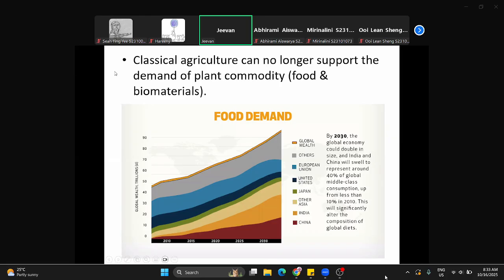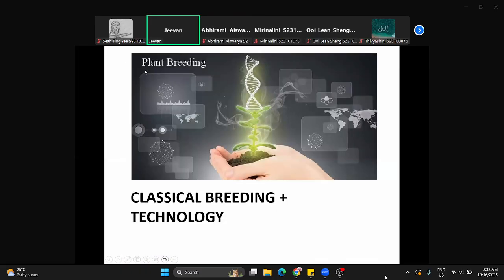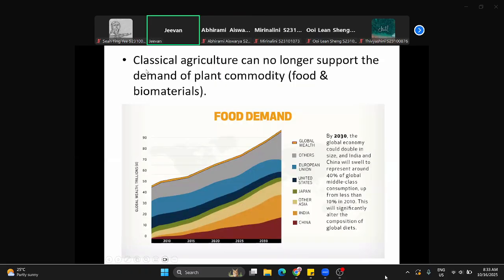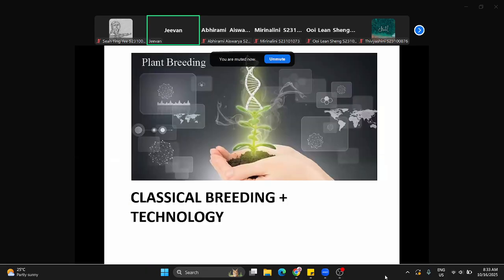So we also see that classical agriculture can no longer support the demand for plant commodities, food and biomaterials. That is another reason why we have to come up with new ways to increase the production of crop materials.